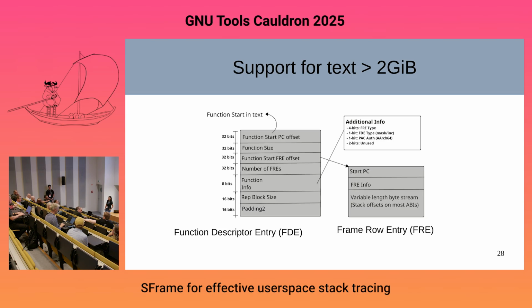Yes. Because if you have sections with SFrame concatenated, well, so what? My point is the linker that doesn't know anything about it can do the wrong thing, and it is on the consumer side, right?